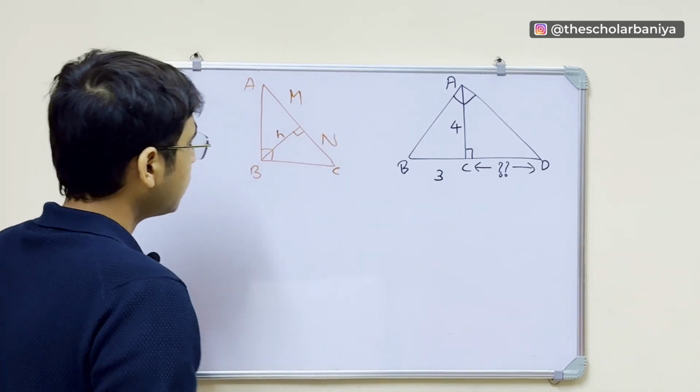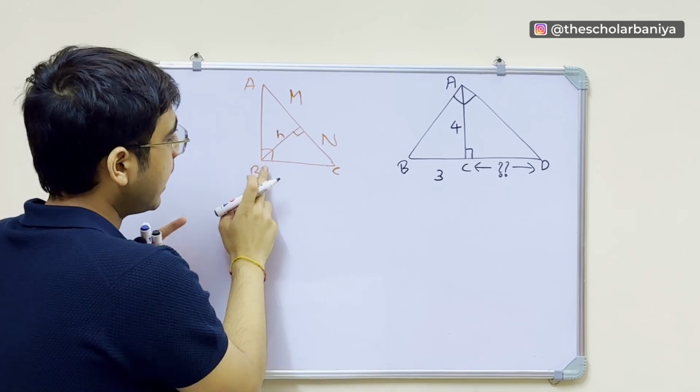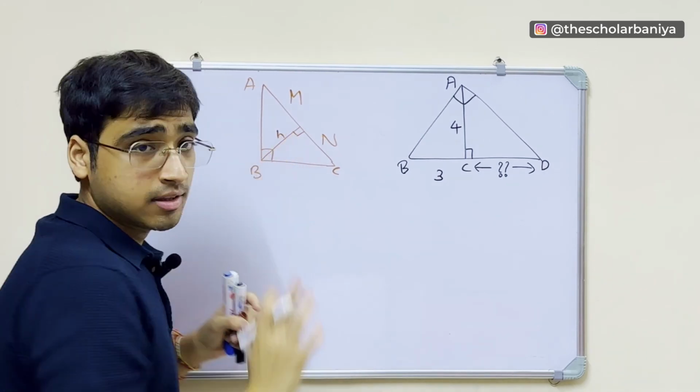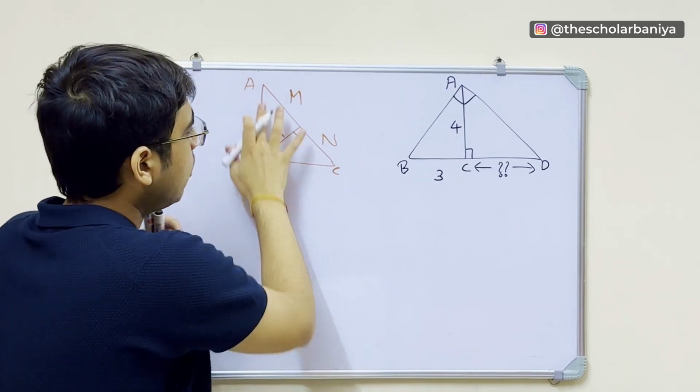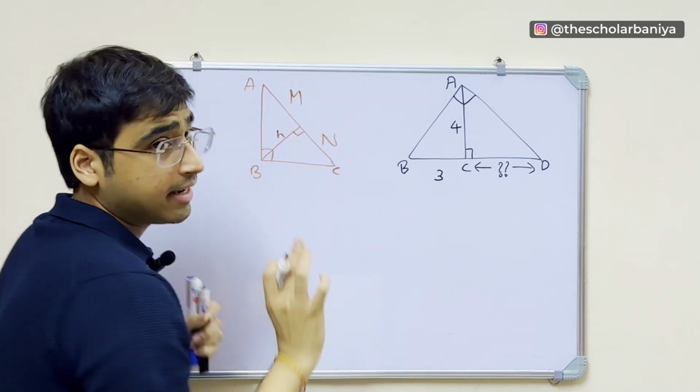So basically, we have a right angle triangle, and from this vertex we drop another 90-degree on the hypotenuse. So let's assume this is h, this is m, this is n.